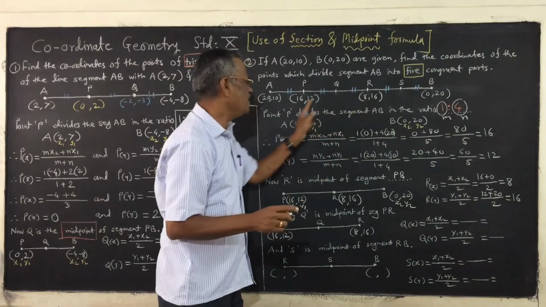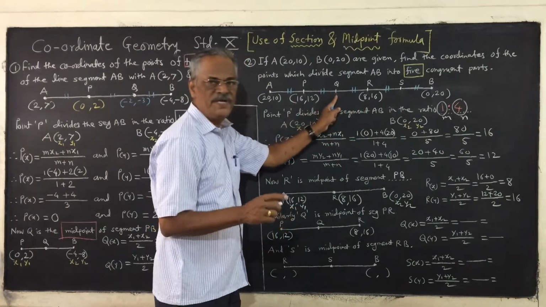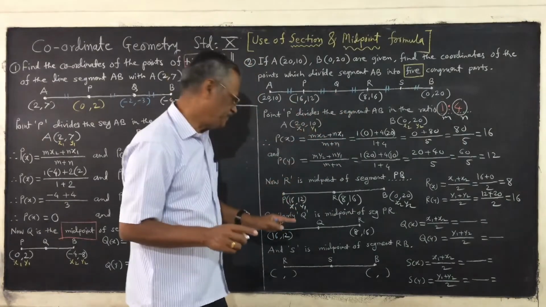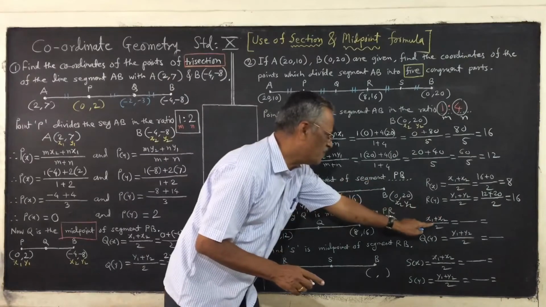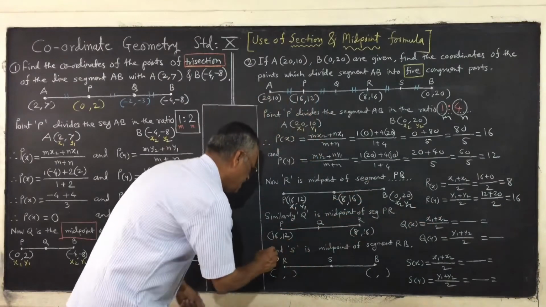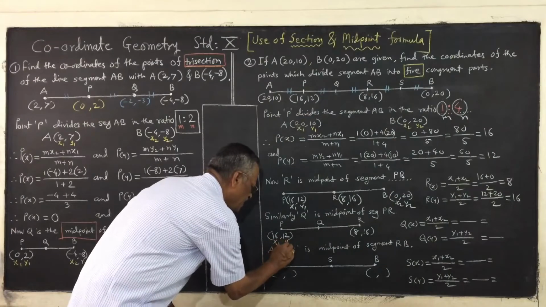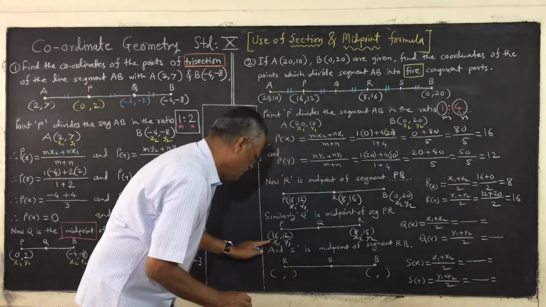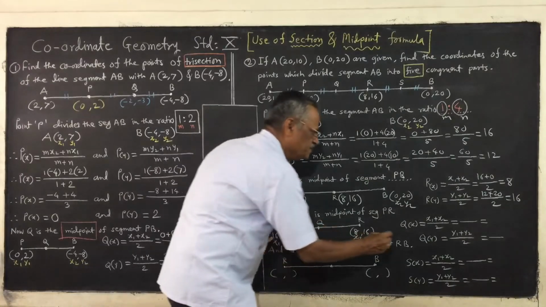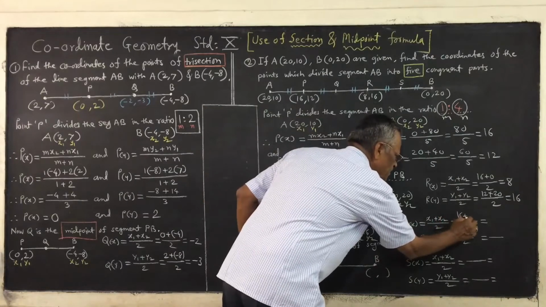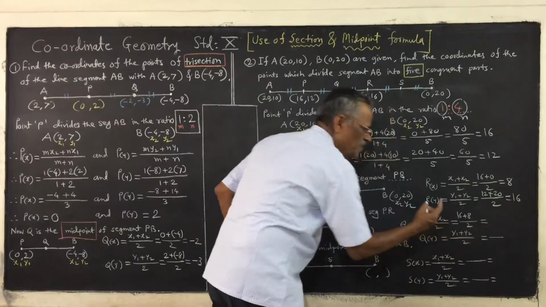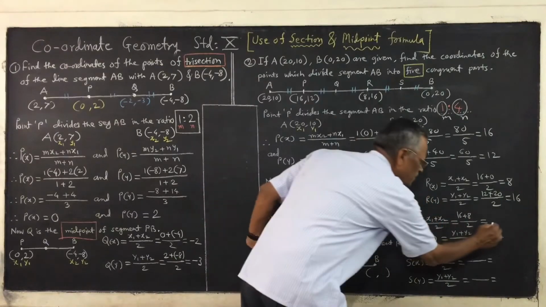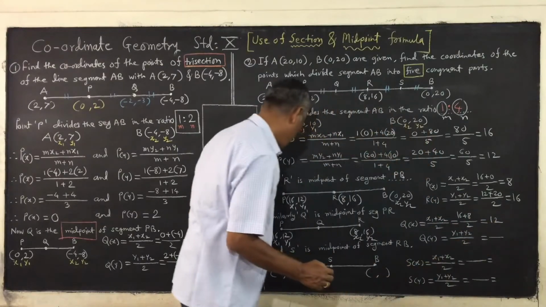So we can calculate the coordinates of point Q by using the midpoint formula. Again use the formula. Here this is your x1, y1. This is your x2, y2. So 16 plus 8 upon 2. 24 divided by 2. That is 12.